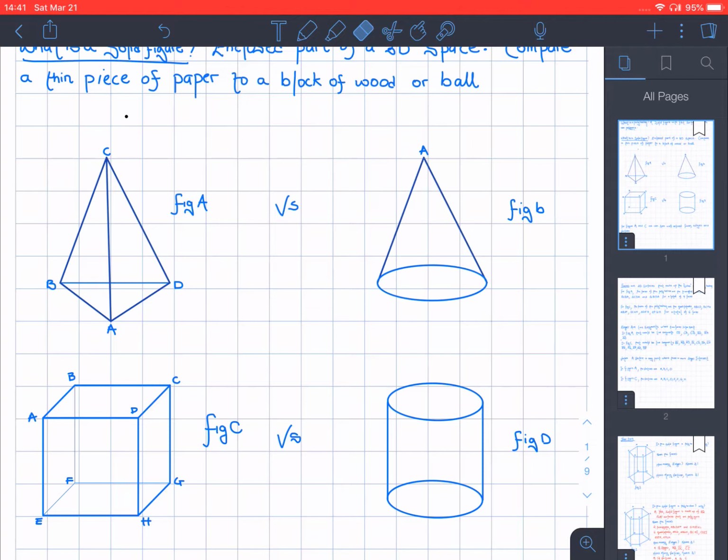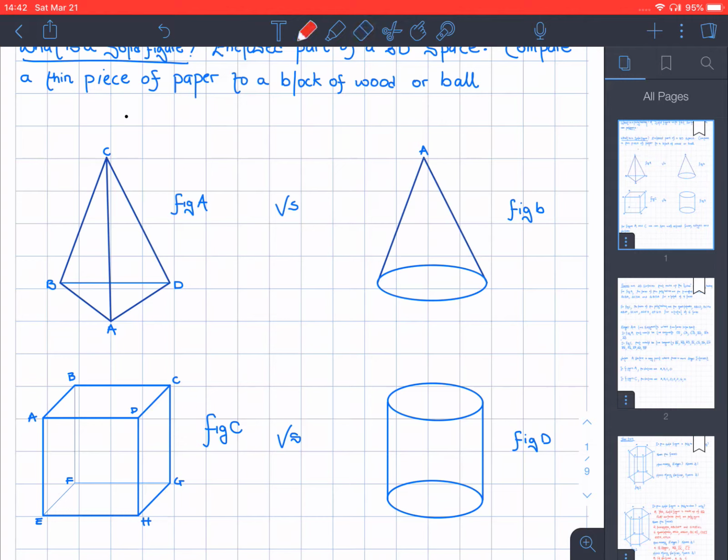Already that's a red flag because we know about circles from our past work, that circles are not polygons. They are not polygons because they have curved edges, and a polygon has straight edges. And then everything else is a curved cone, so none of those edges are flat. So figure B, even though it's a solid figure, is not a polyhedron.